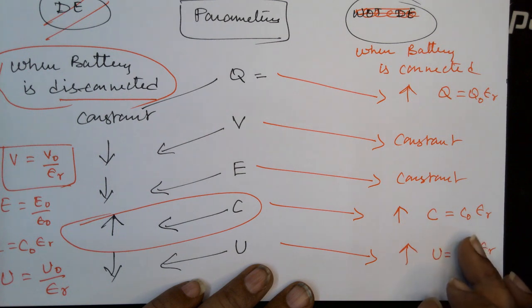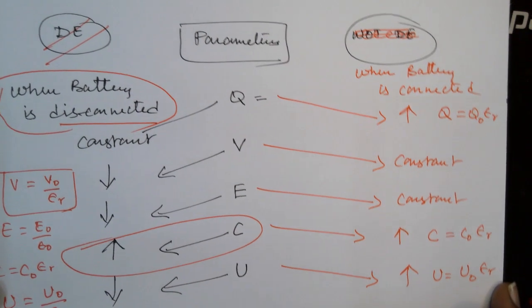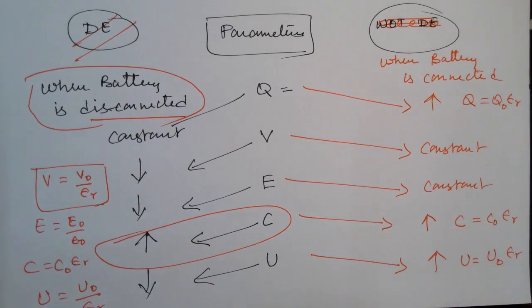Increases, is it not? Right? And what is epsilon R? Relative permittivity of the dielectric medium. So this is the total summary.